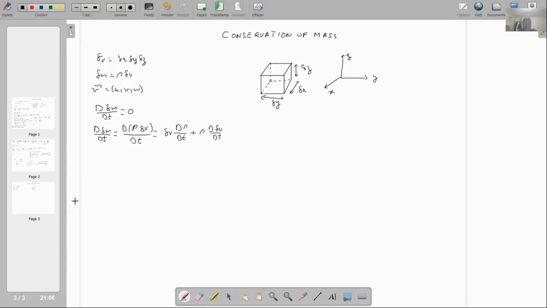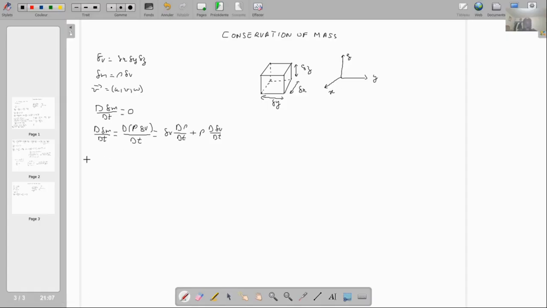So now let's compute the material derivative of the density and the material derivative of the volume.